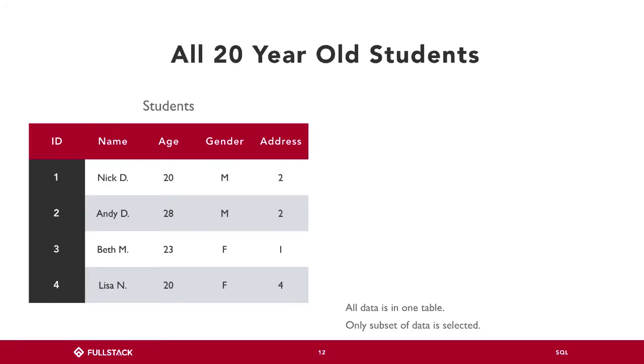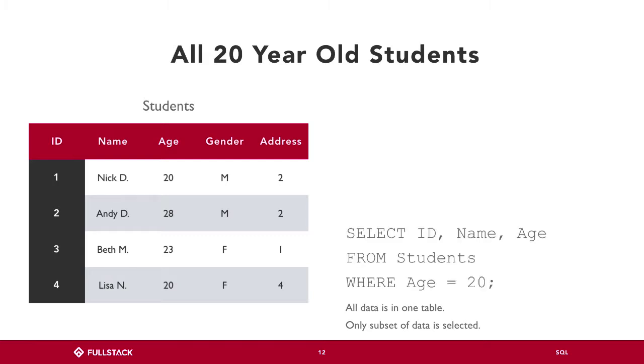If we also wanted to do a query based upon students that were 20 years old, so what we want to do now is limit our results. This becomes a pretty easy thing to do, and the reason is that all the data that we're looking for and all the conditions are based on one table.